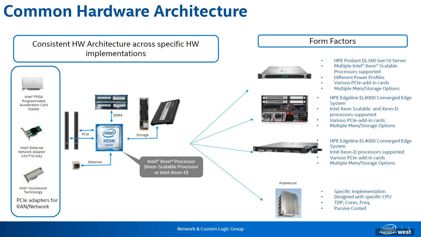And then, with the advent of these new telco edge network locations where we see some of the base station centralization occurring, these new boxes, such as the Edgeline 8000 from HP, a sled-based or cartridge-based box that can scale in terms of the number of cartridges deployed, is the solution that's gaining traction in these locations.